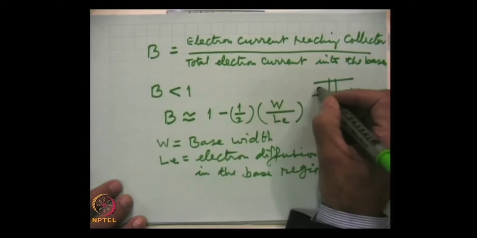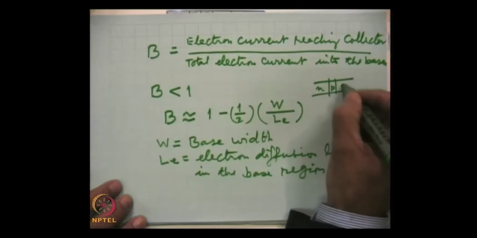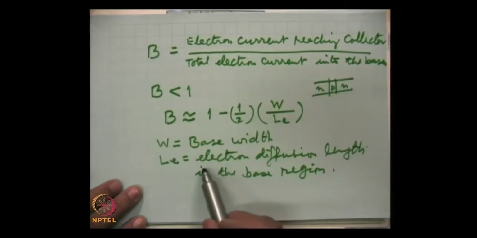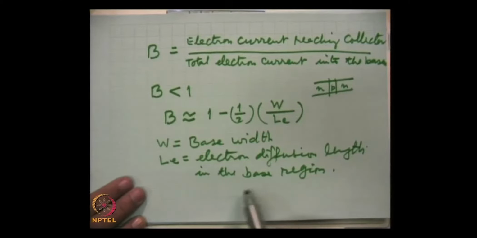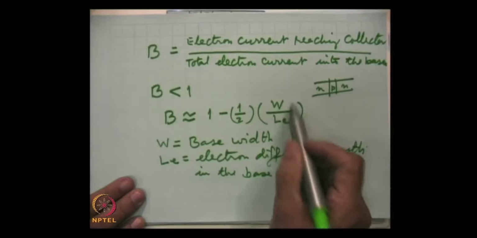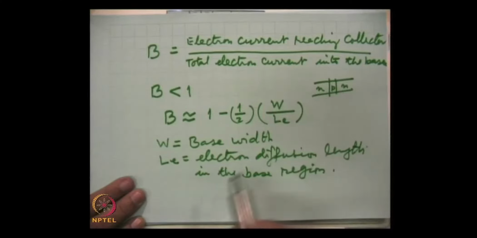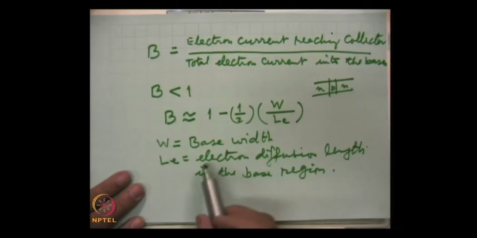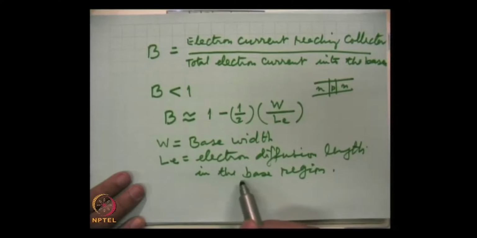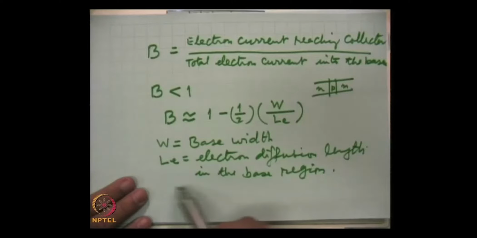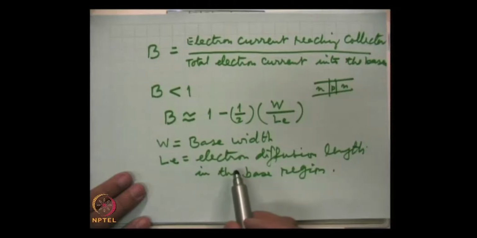This was base, this is N P N, and the electron diffusion length in the base region should be made high to make this factor still smaller. And again this is achieved by making the base region very lightly doped. The more lightly doped the region is, the higher will be the electron, minority diffusion.